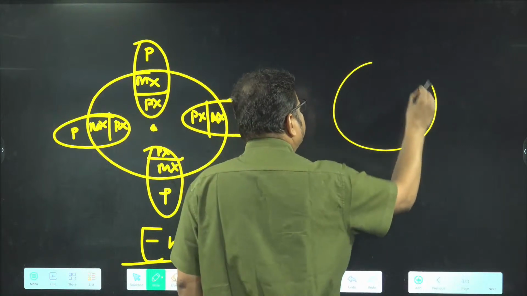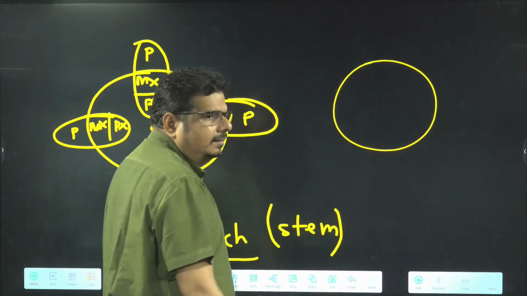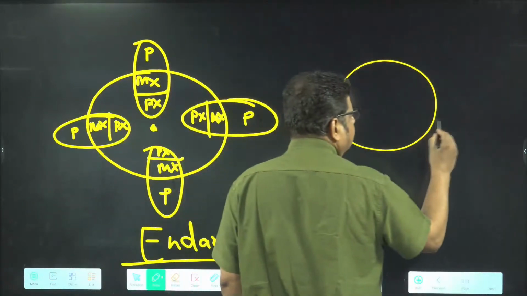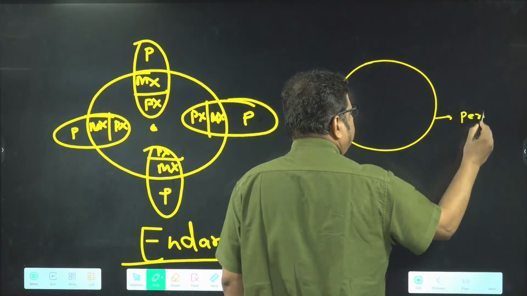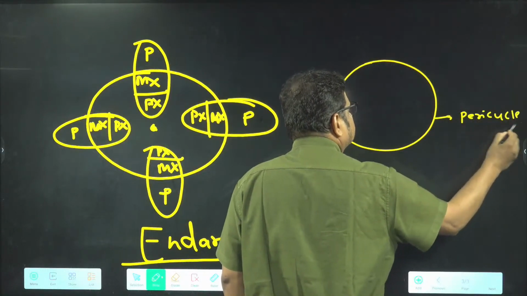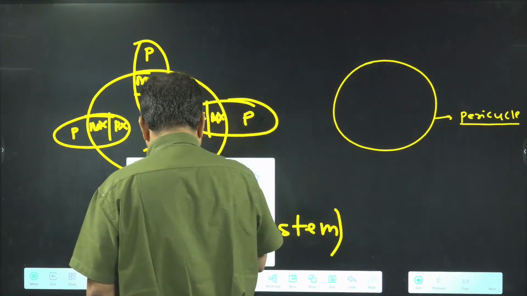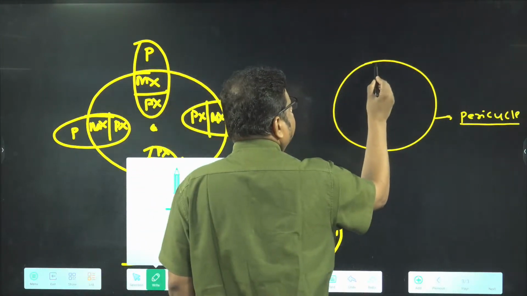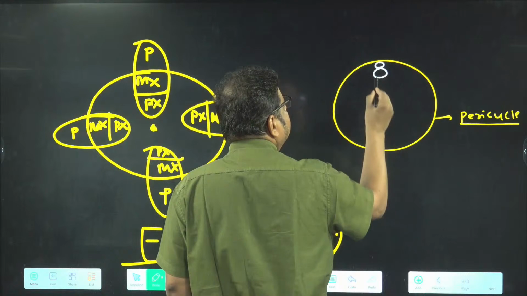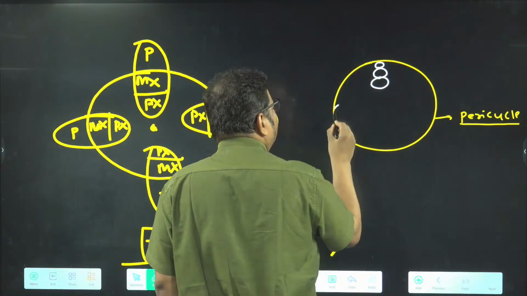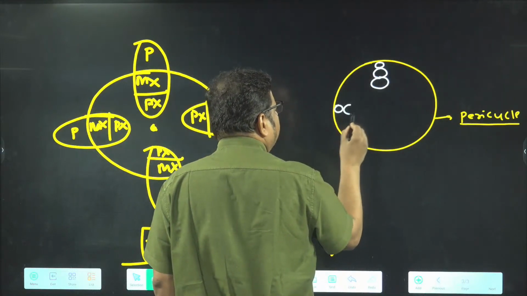Suppose that this is pericycle. It is what I am writing as well, pericycle. And here it is protoxylem. This is metaxylem. Protoxylem, metaxylem.